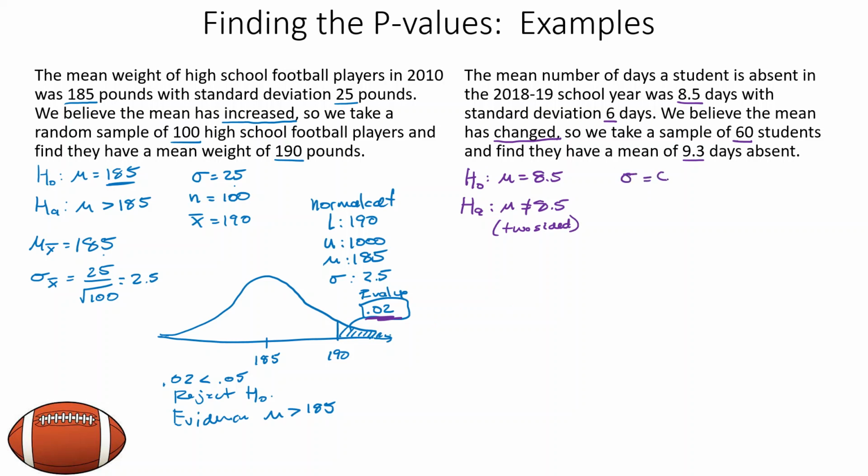So the standard deviation is 6. The sample was of 60 students, so n is 60. And our sample mean x bar is 9.3. All right, so let's see. The mean of our sampling distribution is this null hypothesis mean, 8.5. The standard deviation of our sampling distribution is our standard deviation of 6 divided by the square root of 60, our sample size.